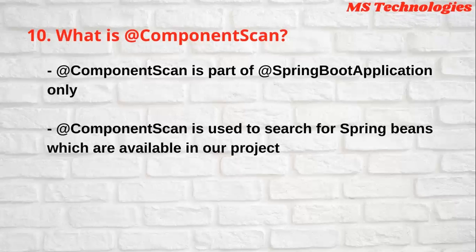We are developing an application, and inside that application we have several classes. By using @ComponentScan, we can search for Spring Beans which are available in our project. @ComponentScan is used to search for Spring Beans available in our project. Assume several controllers, services, and DAOs are there.